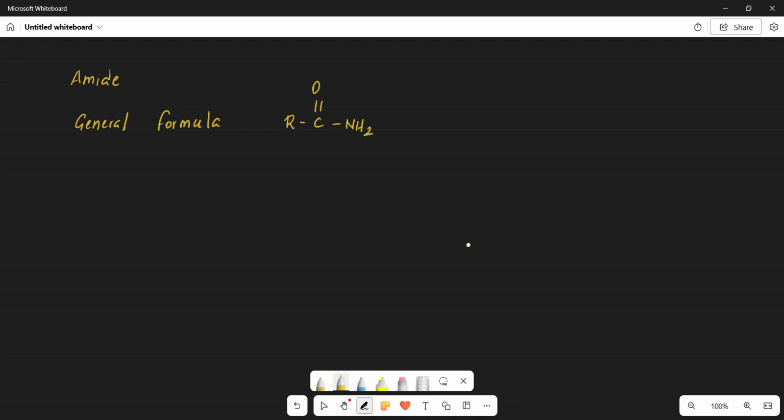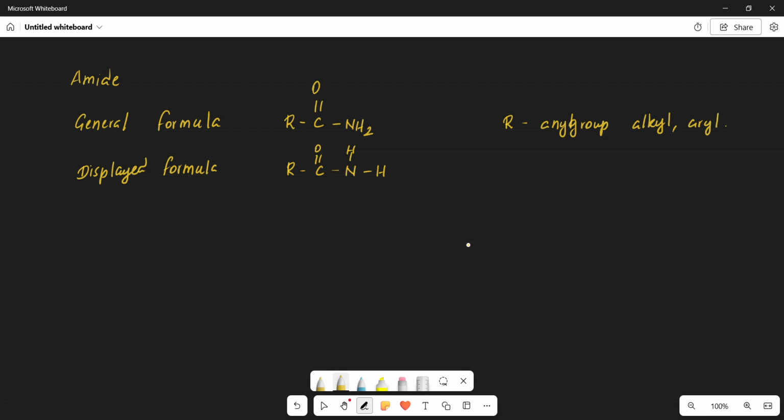So when I want to write the displayed formula, I'll show all the bonds. So all the bonds are shown. For example, I hope we already talked about this. R is any group, maybe alkyl or aryl group.